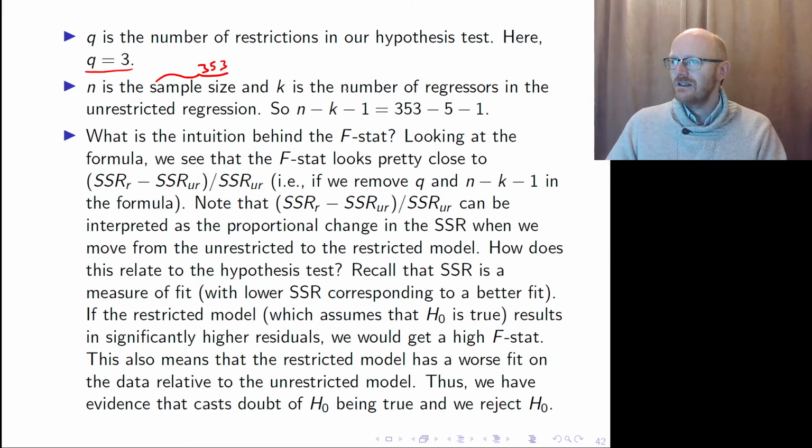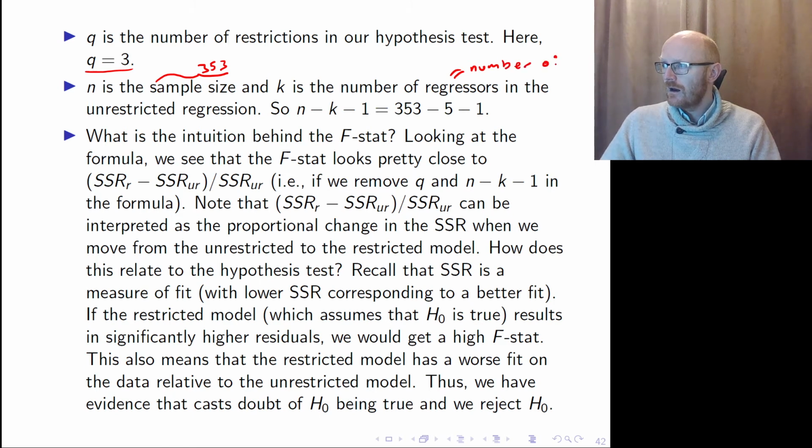The number of regressors equals the number of slopes. So n minus k minus 1 is 353 minus 5, because we have 5 regressors in the full model, minus 1.